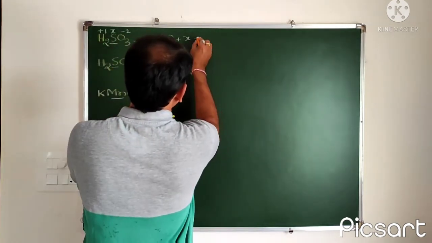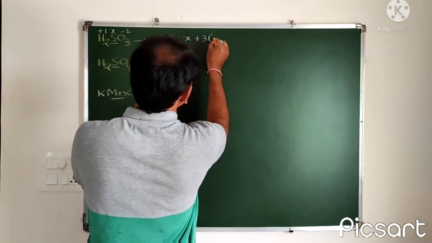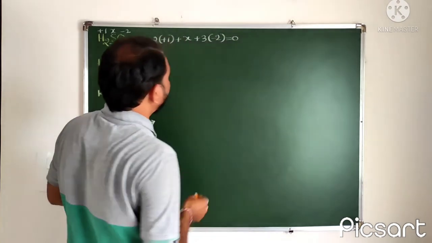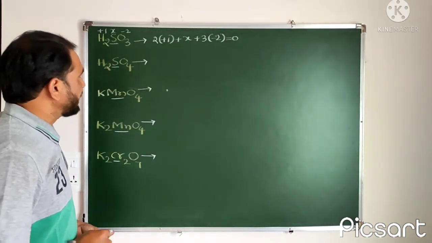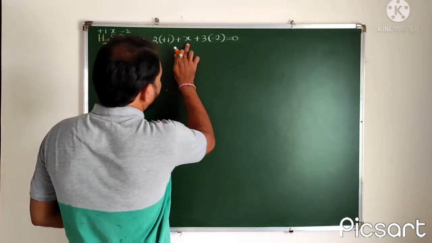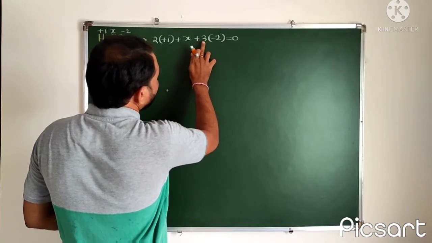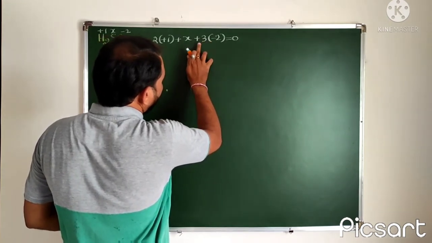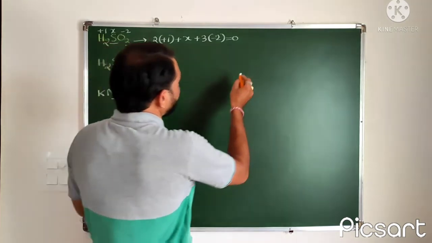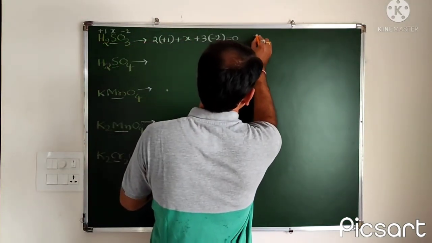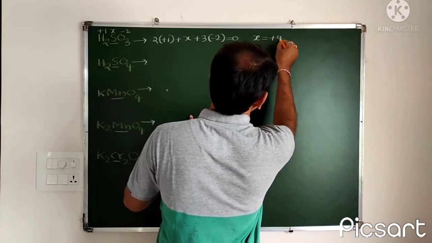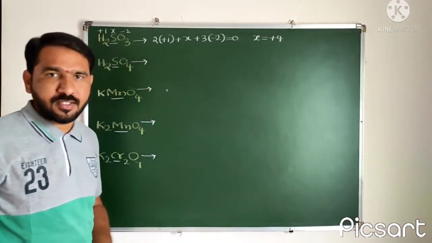Then oxygen, number of oxygens 3, each oxygen oxidation state -2, that equals 0. After that, here 2 into +1, 2, plus X, plus 3 into -2, -6. Therefore, X is equal to +4 oxidation state. Like that we will get.